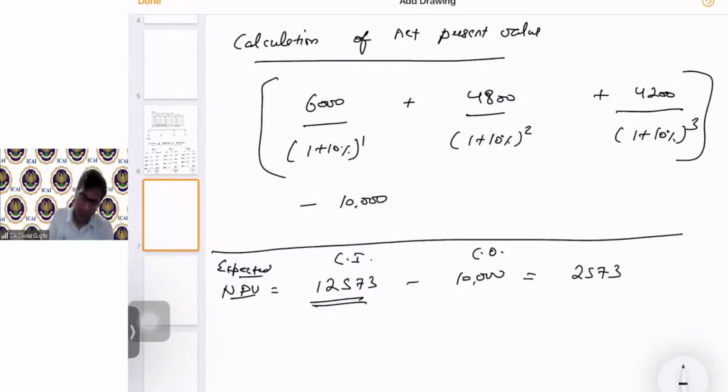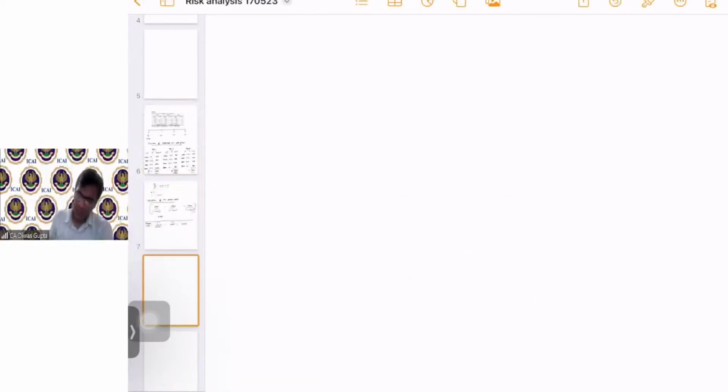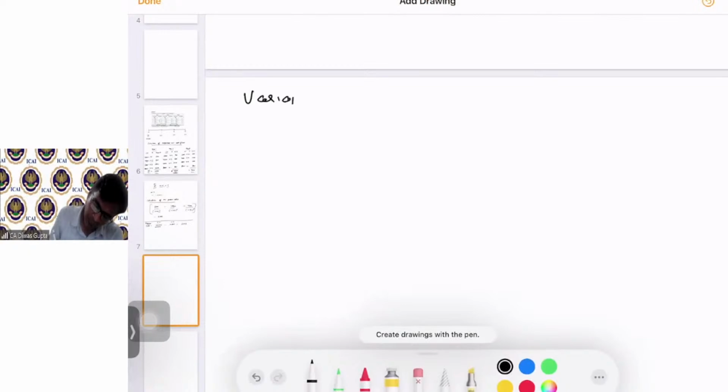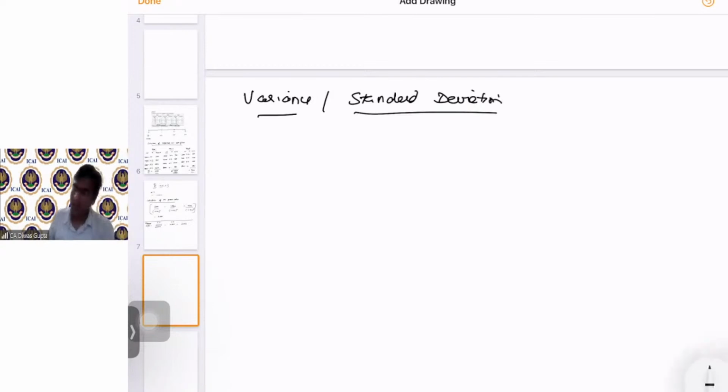Okay, students, now let's come to the standard deviation. Variance, standard deviation. Now let's do a proper discussion on this. First of all, variance or standard deviation, we will come to the difference, but till now we have seen that this is actually called risk. Correct?